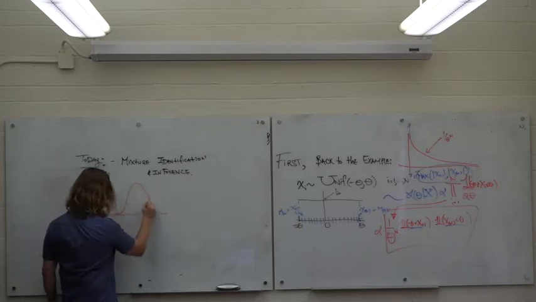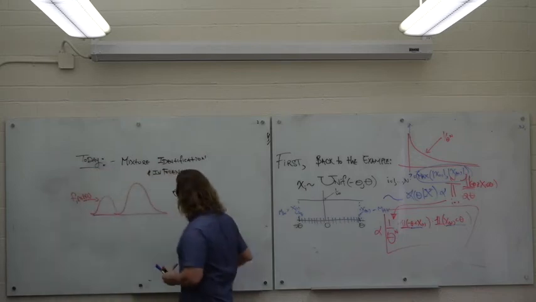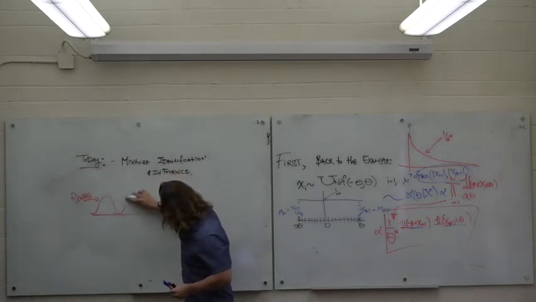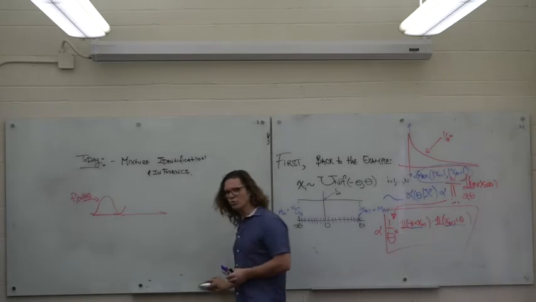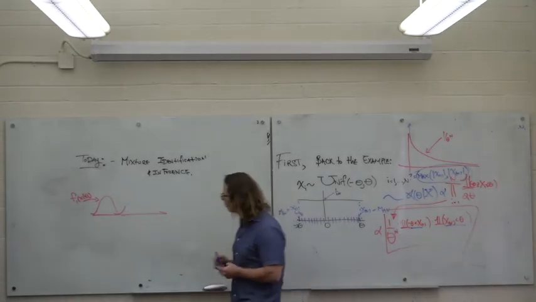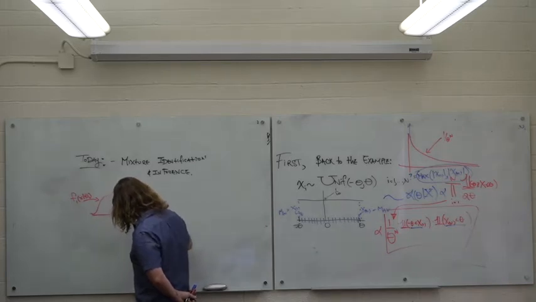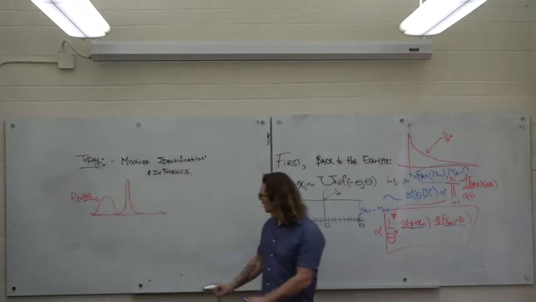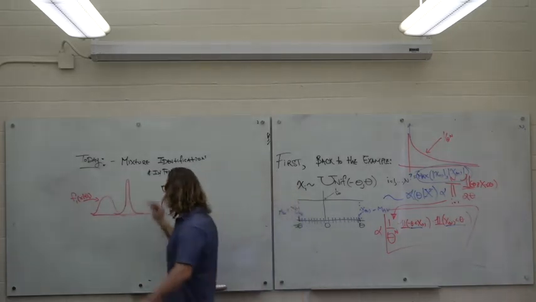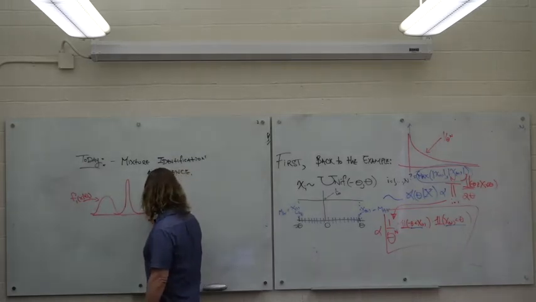I've got some other distribution. You would probably be inclined to call me out if I said those are both distributions, because there's no way both of those integrate to 1. So let me make this one taller and skinnier. Try to at least make things look like distributions, maybe. And then maybe there's another thing out here.